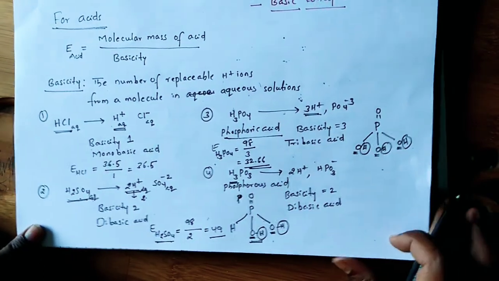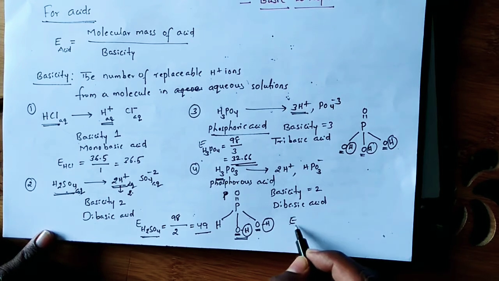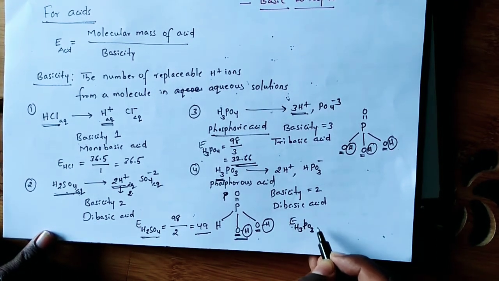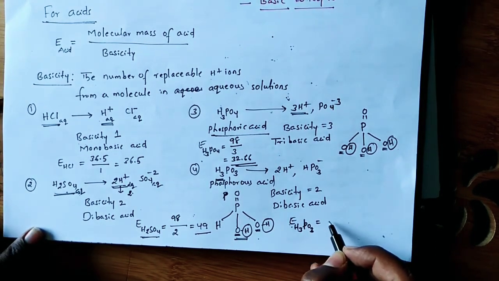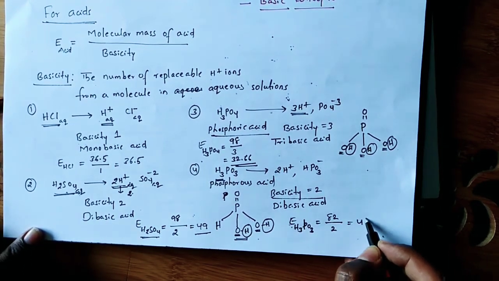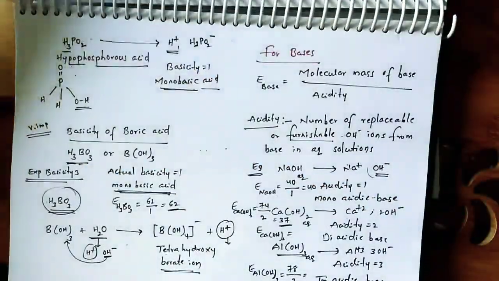So phosphoric acid equivalent weight is 32.66. Then phosphorus acid: equivalent weight of phosphorus acid H3PO3 is equal to its molecular weight, that is 82 by the basicity 2, 82 by 2, it is 41. Okay.